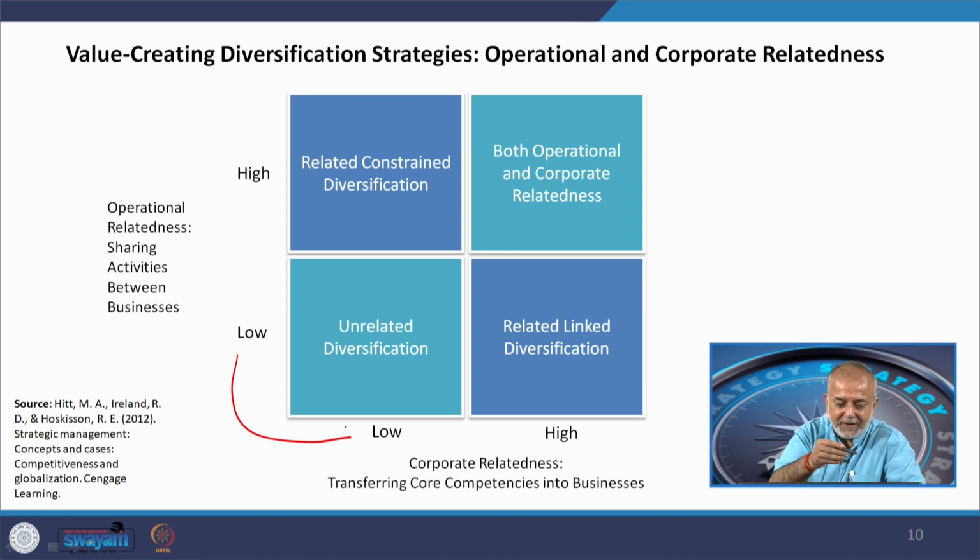If operational relatedness, sharing of activities, is high, that is related constrained diversification. If both operational and corporate relatedness are high, sharing activities and transferring core competencies, there is both. And if only transferring of core competencies into businesses is high, related linked diversification is there. So, this is the larger matrix based structure.